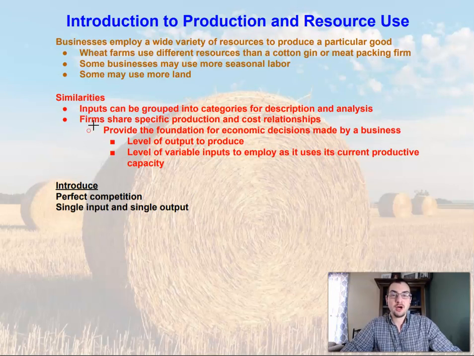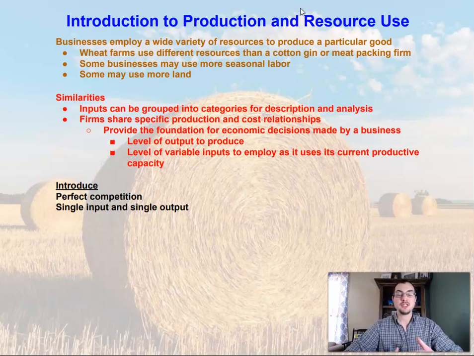Another similarity is that firms share specific production and cost relationships. One of the first production relationships we're going to talk about is input to output production, and we're going to get into phrases known as total physical product and marginal physical product. We're going to find out that virtually all resources have a specific production relationship that almost everything follows, as well as cost relationships.